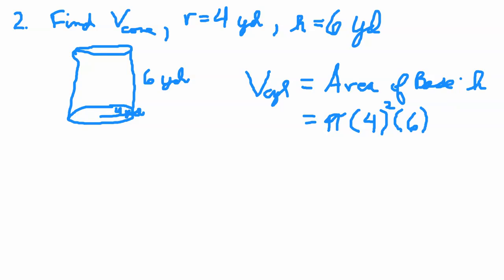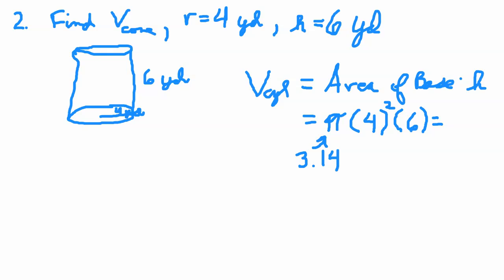And we're supposed to give the answer rounded to the nearest hundredth. So we'll put in 3.14, the approximation for pi that they told us to use. All right, so I'm pulling out the calculator now.